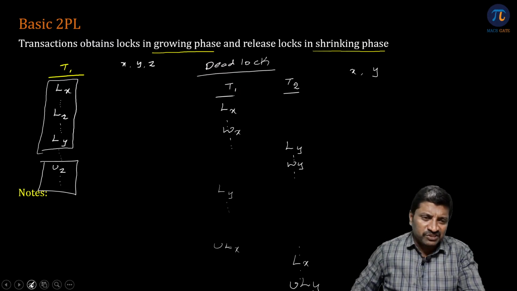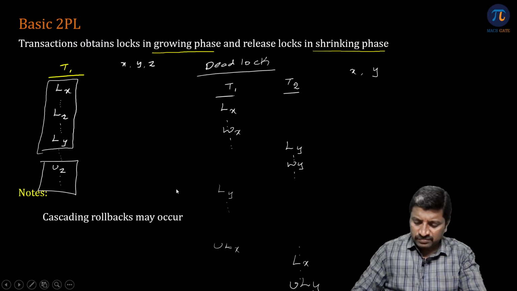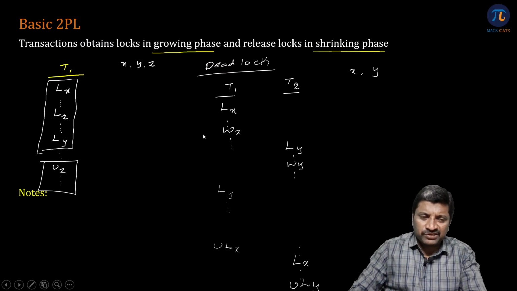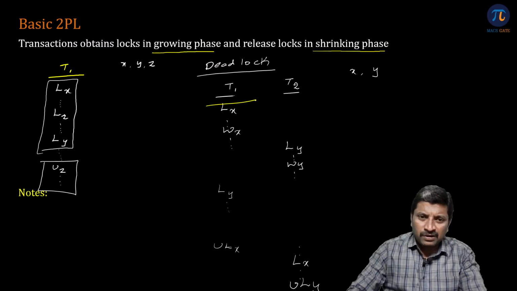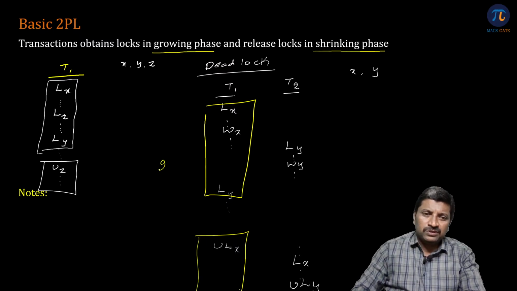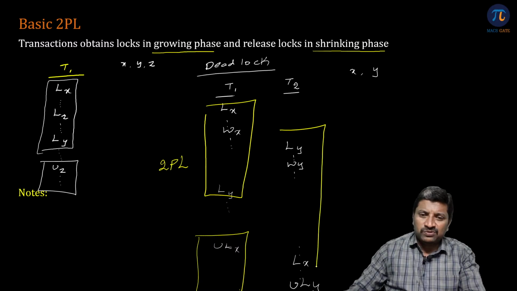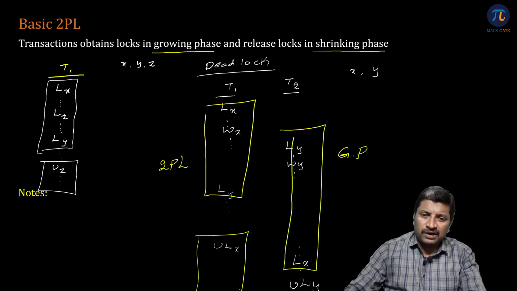Now if you observe the first transaction, what happens, sir? Locking operations are in the first group, unlocking operations are in the second group. So it is following the two-phase locking protocol. Similarly here also, locking operations are in the growing phase and the remaining are in the shrinking phase.